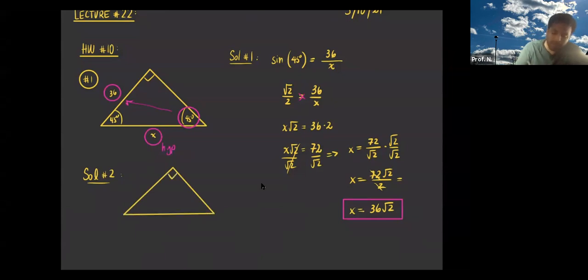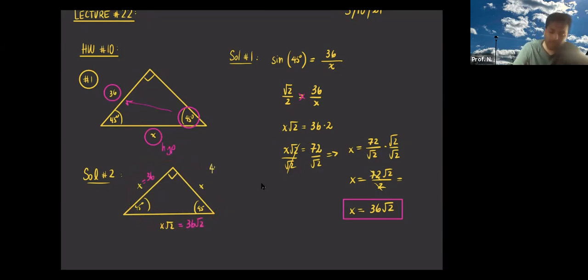If this is 90 degrees, this is x, this is x, this is x rad 2, and this is 45 degrees, this is 45 degrees. And the moment you tell me this is 36, then the hypotenuse has to be 36 rad 2, so I'm done. Number one is done very quickly if you remember or know the 45, 45, 90 degree triangle.